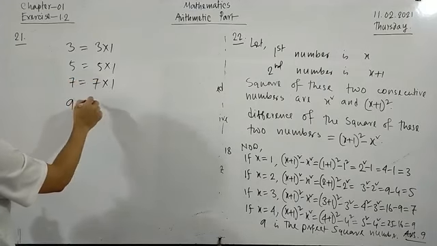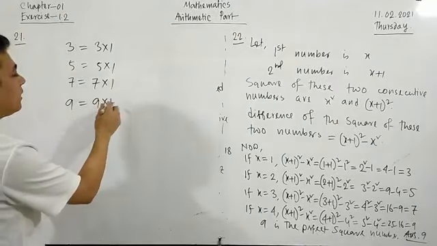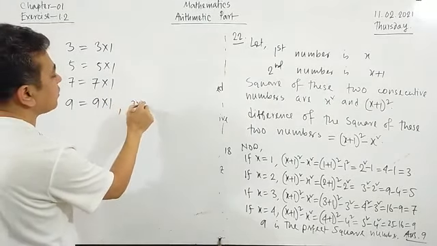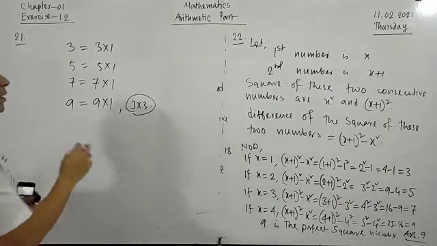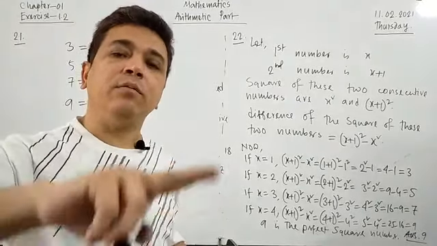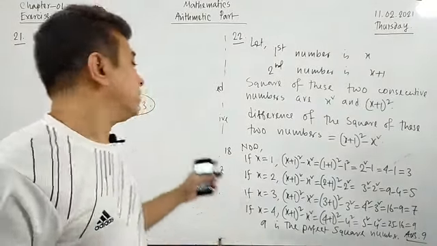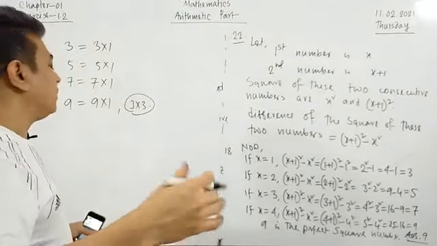But 9 we can write as 9 into 1, and in another form we can write 3 into 3. So when any number can be expressed as the multiplication of the same two numbers, we can say that number is a perfect square number.